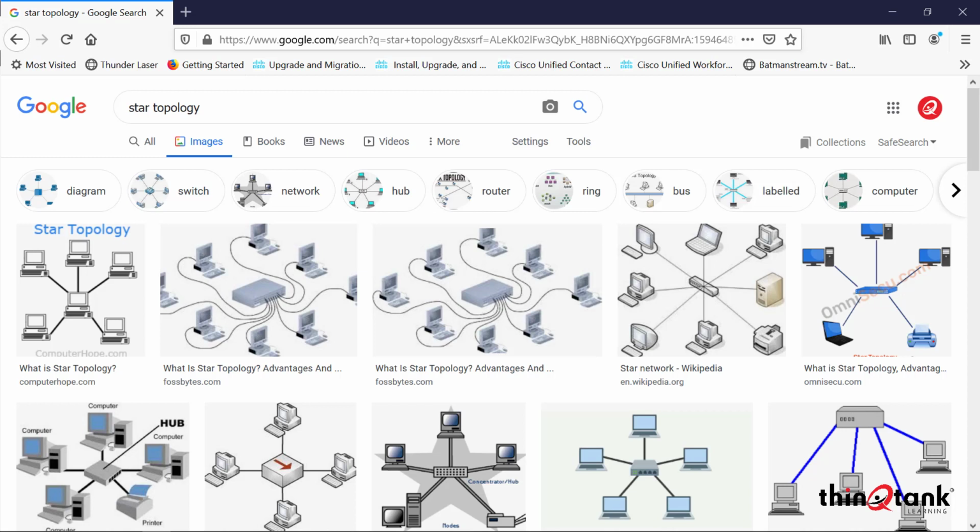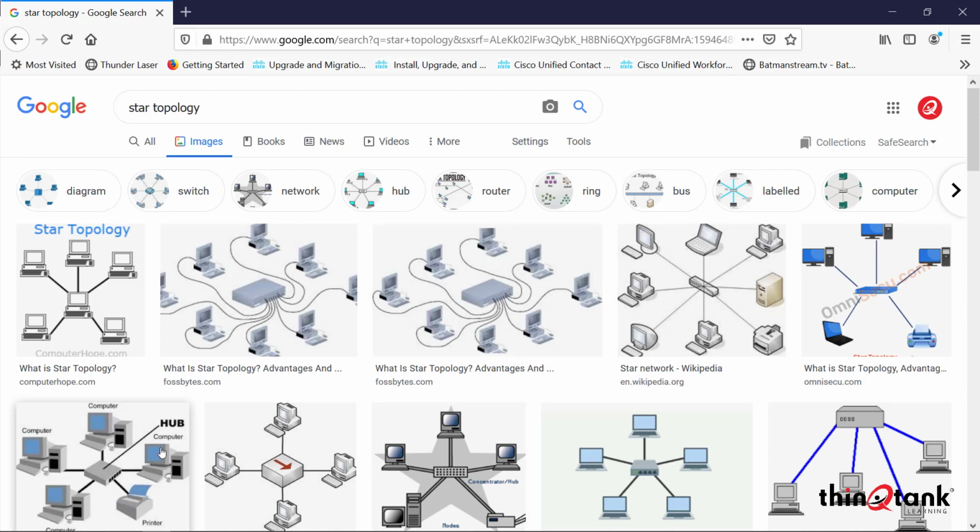Switches operate at layer 2 of the OSI model. They make intelligent forwarding and flooding decisions, whereas hubs operate at layer 1 of the OSI model, and they flood everything. So even though physically it might look the same, logically they're completely different concepts. A hub is a bus topology, and a switch is a star topology.